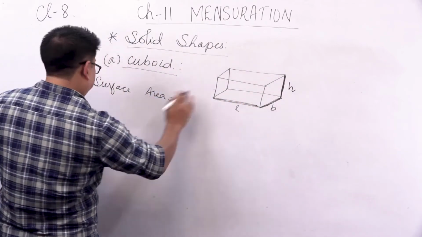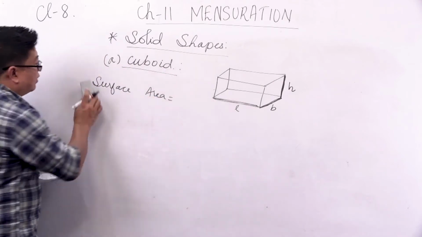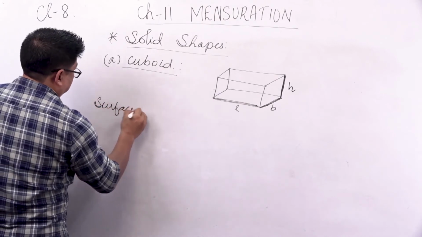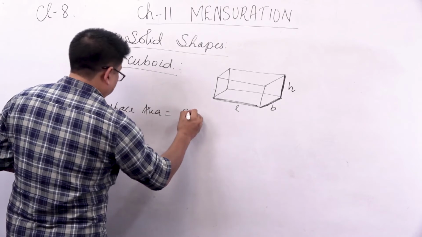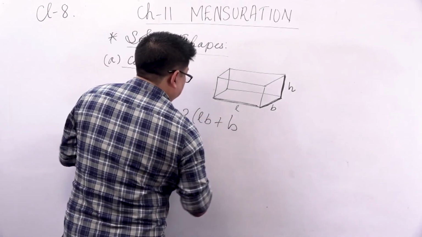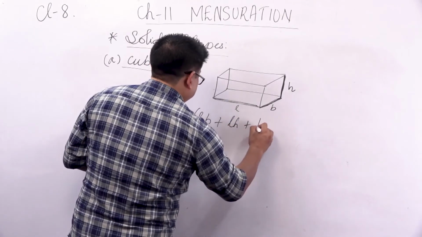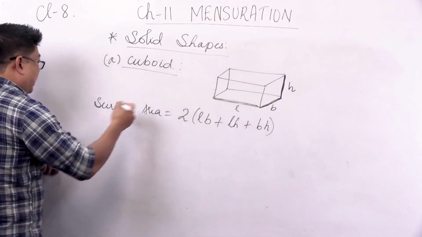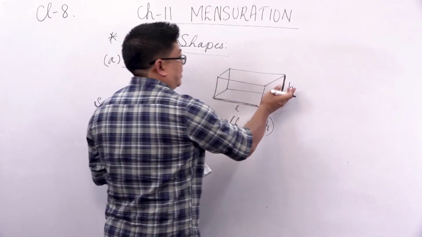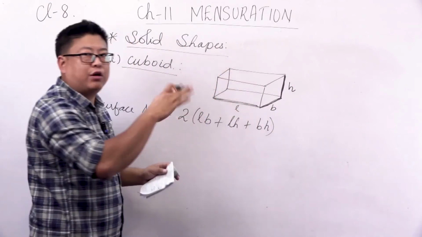Okay, so surface area formula is twice of LB plus LH plus BH. And this is the total surface area, meaning all the faces, okay? All the faces, this face, this face, this face, addition of all the faces.